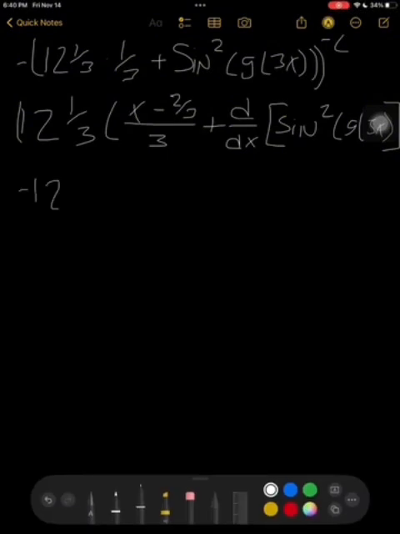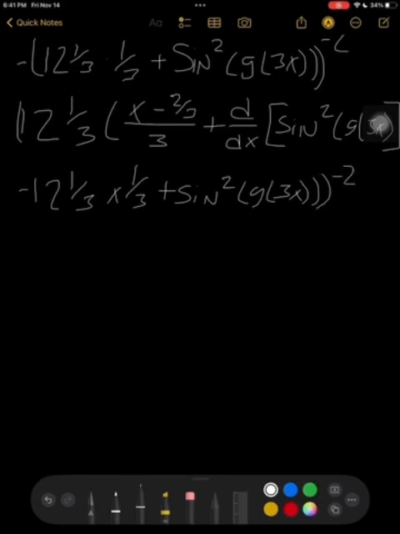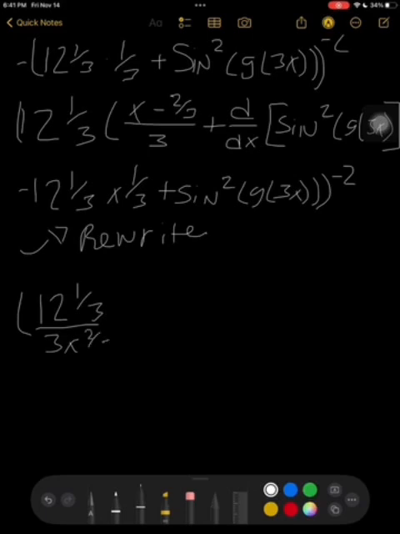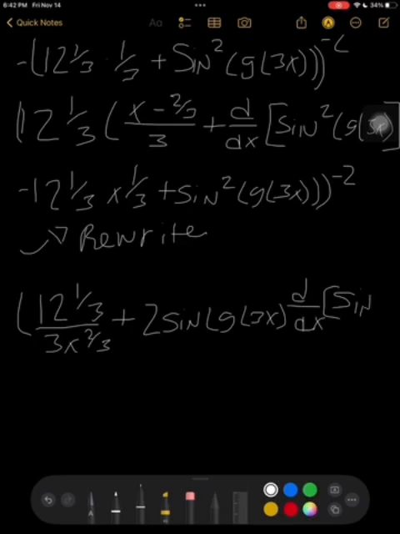All right, so now our next step, we're going to apply the sum rule and chain rule. Alright, so as you can see, I'm just rewriting the problem, and then I'm going to label the differentiation.